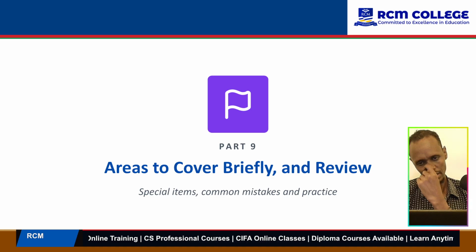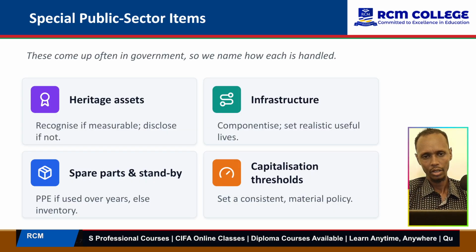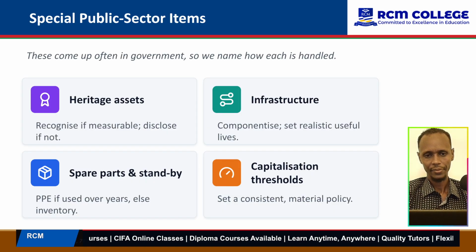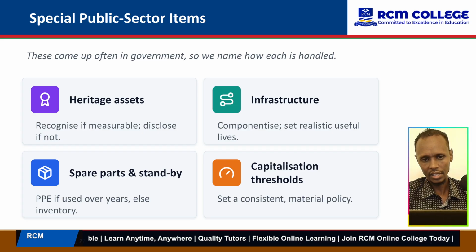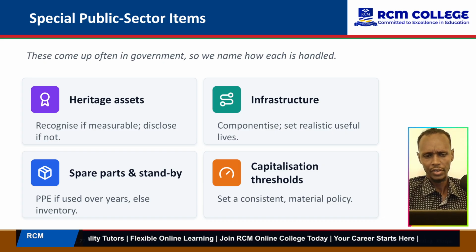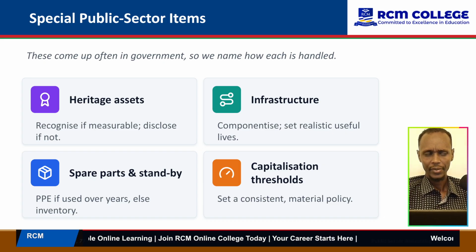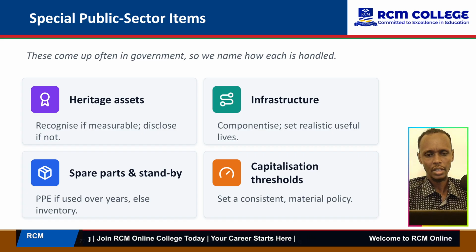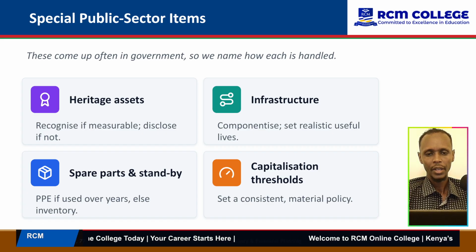So areas we can look at: heritage assets. If you have gone to the National Museum, you may have found that they are assets that we control and from which we derive economic benefits. But the issue with those assets is that we cannot recognize them in our books because there is no measurement.